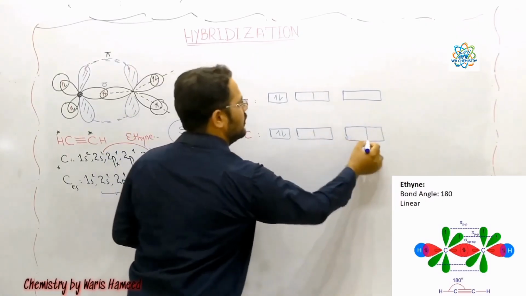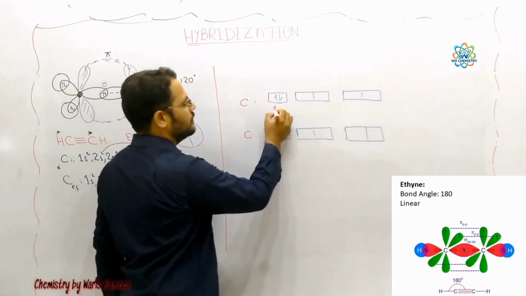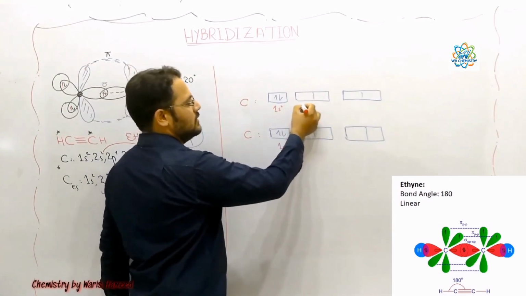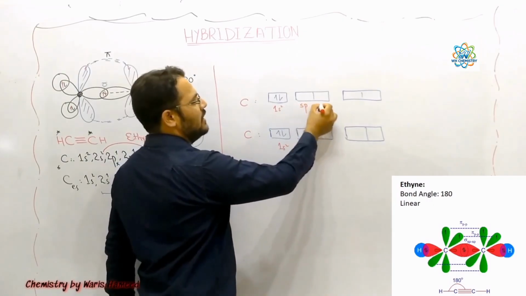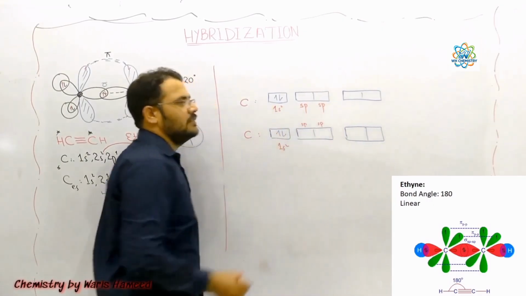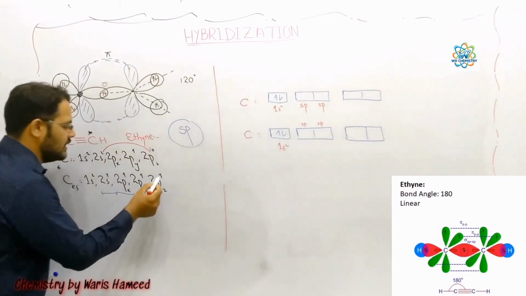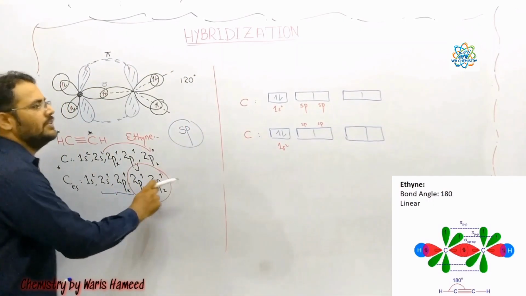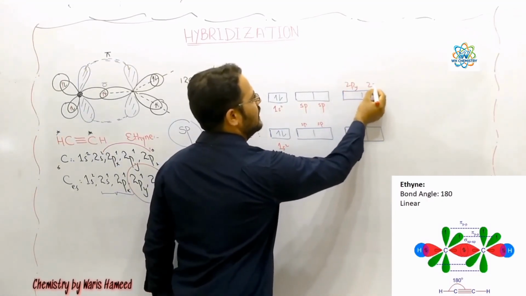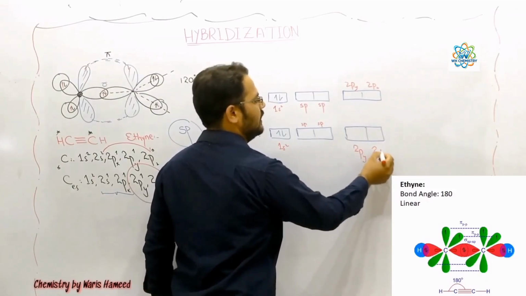Now I am going to name them. It is 1s2. It is also 1s2. It is sp hybrid orbital and it is also sp, and sp hybrid orbitals. These are unhybrid orbitals, and one is 2py and second is 2pz. It is also 2py and 2pz.